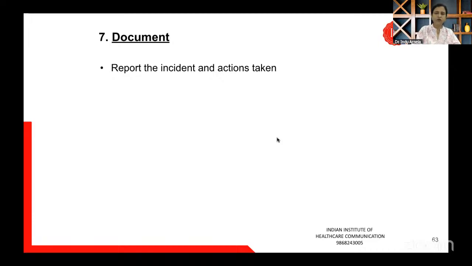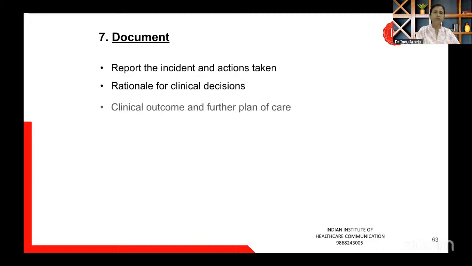In all probability, this should be documented, and whatever actions you took also need to be written briefly, so that you make a mention of whatever actions have been taken by you or your team. Whatever was the rationale for the clinical decisions you took at that moment, even that can be mentioned to clarify your decision. Then whatever was the clinical outcome and the further plan of care needs to be documented.